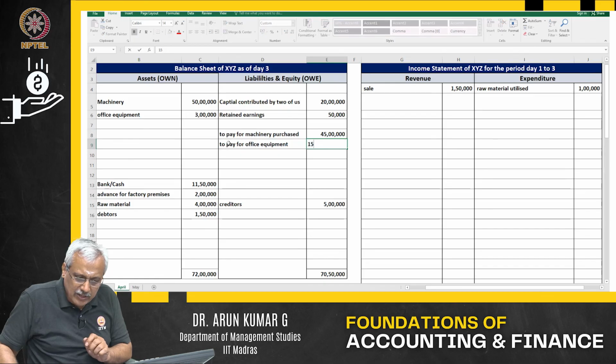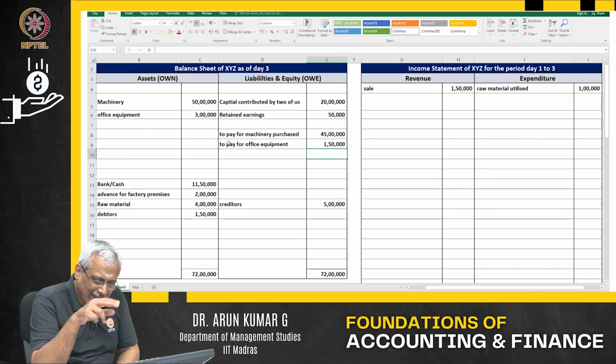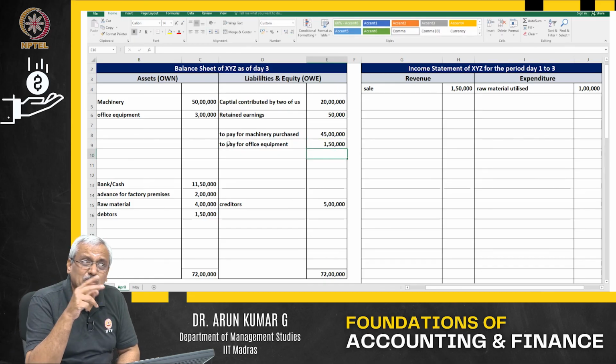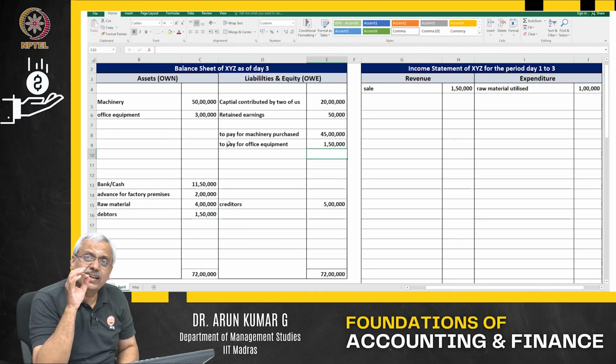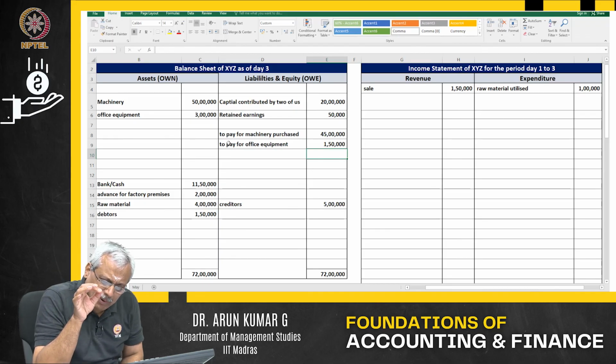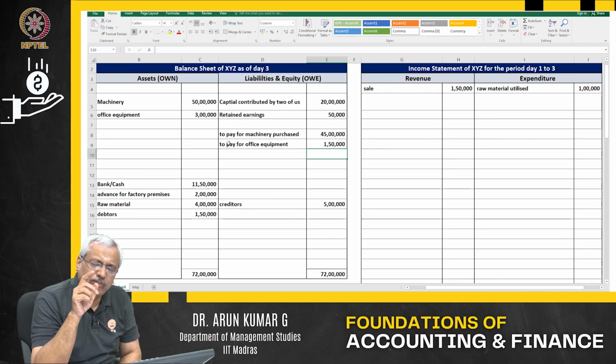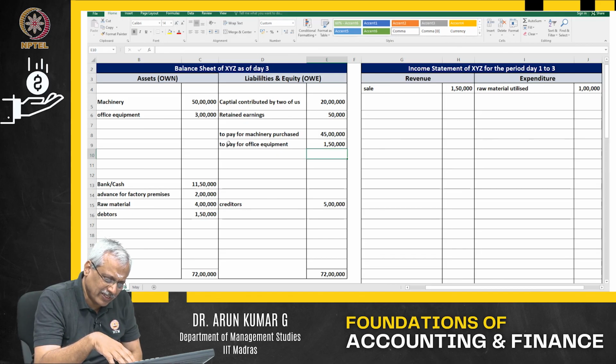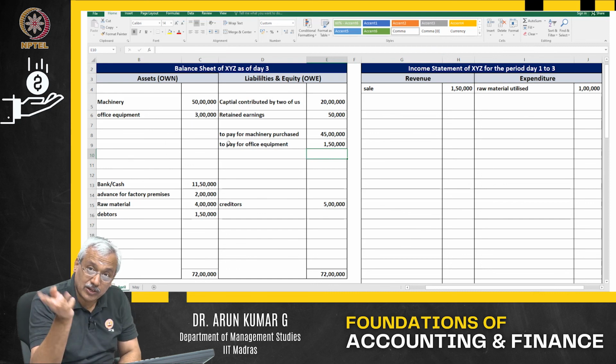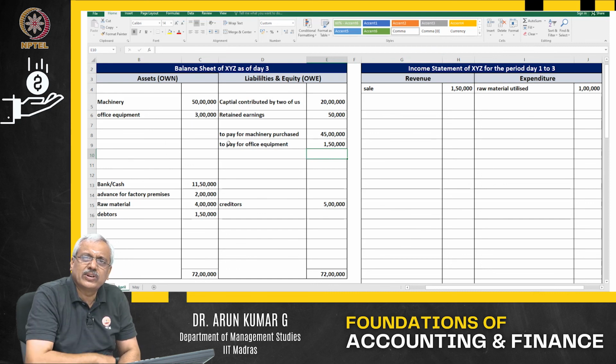How much do you have to pay? About 150,000. I am yet to pay 150,000. So you are liable to pay 150,000 on the office equipment. That is where it is, on the liability side. You have paid 150,000 cash, so cash has gone down. Now you own the office equipment for about 300,000.